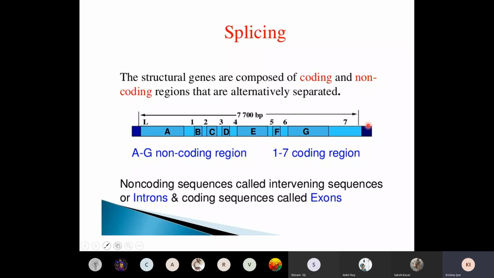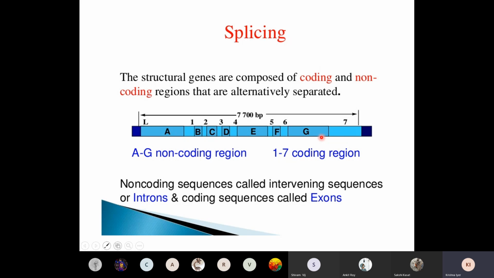So when I make the RNA by reading this DNA, I have to then remove these sequences which are not needed. And these sequences are referred to as intervening sequences, or introns, and they are removed when the RNA is being modified to give you mature RNA.